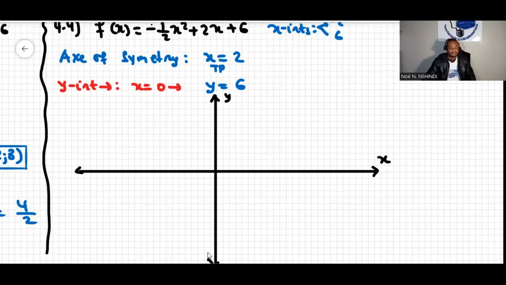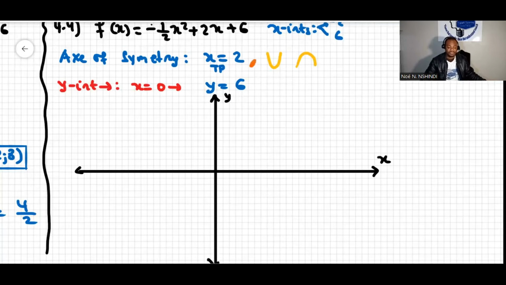Now, I call it a parabola because this is a quadratic equation, because the graphs of quadratic equations are parabolas. Now, I need some information from that. I know that the parabola can have either a U-shape or an inverted U-shape. It depends on the value of a, the leading coefficient.